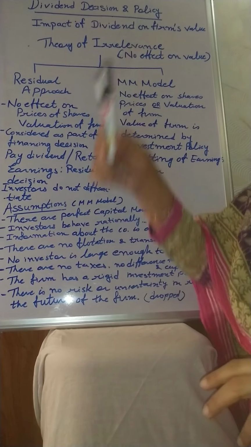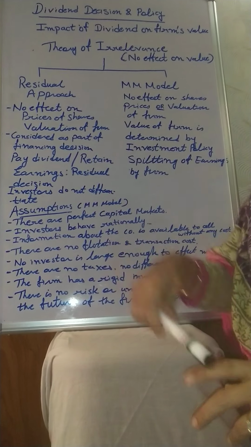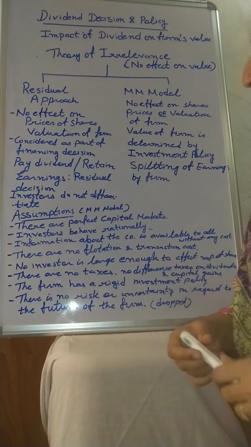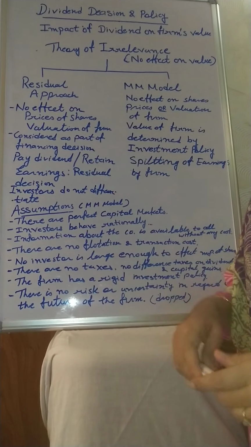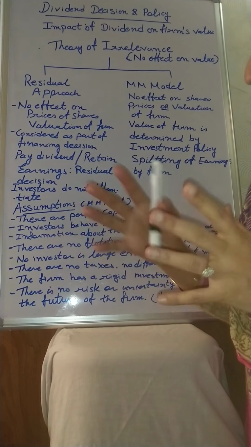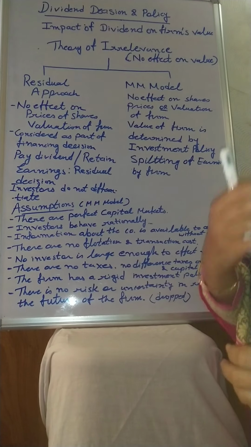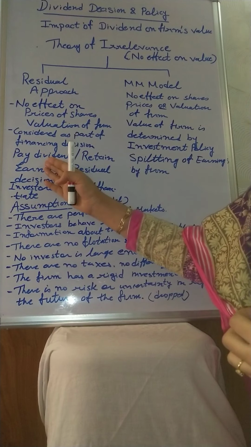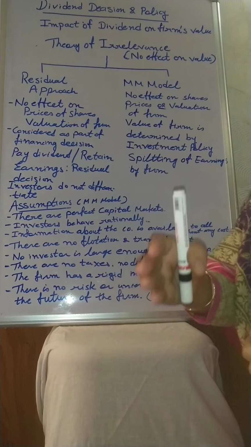So as per the approach, the first point is there is no effect on the prices of shares and obviously on the valuation of the firm. The second is that it is considered a financing decision. That means it is wholly and solely the prerogative of the management whether they want to pay dividend or they want to retain earnings with them.